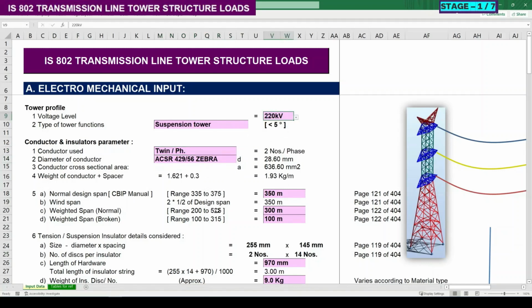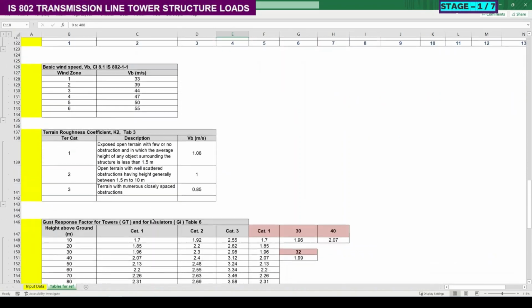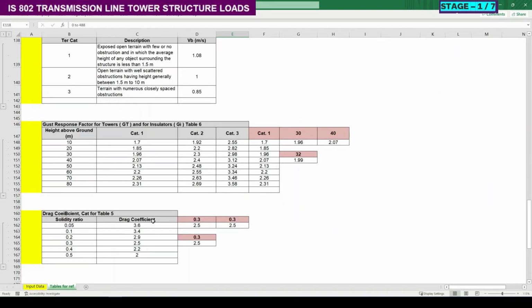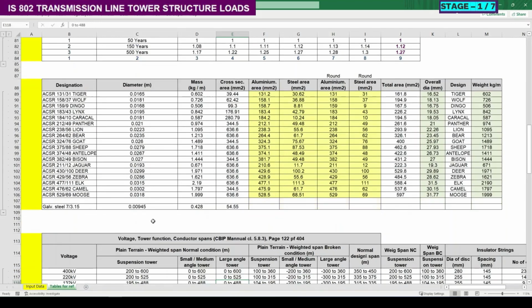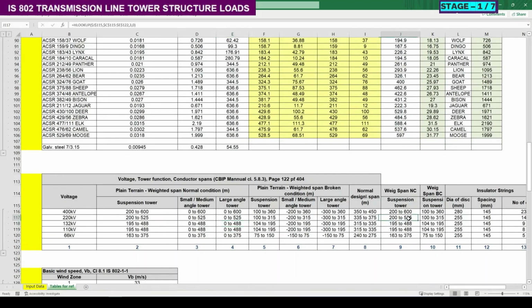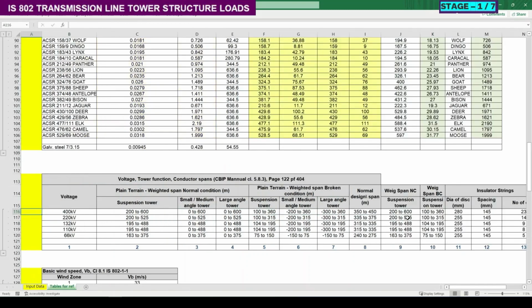So we are considering 220 kV twin. These are listed in this table: number of discs, diameter of disc, spacing, and number of discs, as per the CPAP manual.